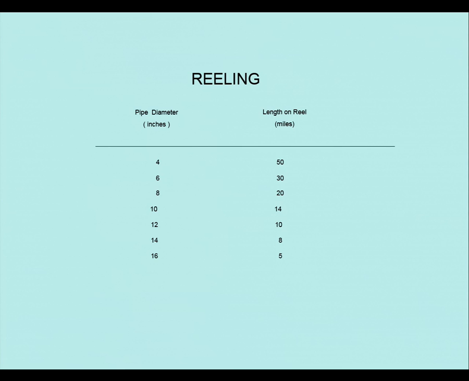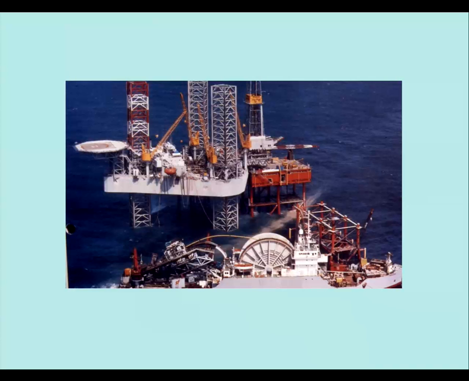Reeling, well, you can see the lengths that we can get on a reel, 10, 12 inch, typically 14 kilometres, 10 kilometres. The beauty of the reel ship is it's dynamically positioned, it gets right up close to the platforms. When you put sleepers down on the seabed to initiate a buckle, you've got to be very accurate when you're laying the pipe down.